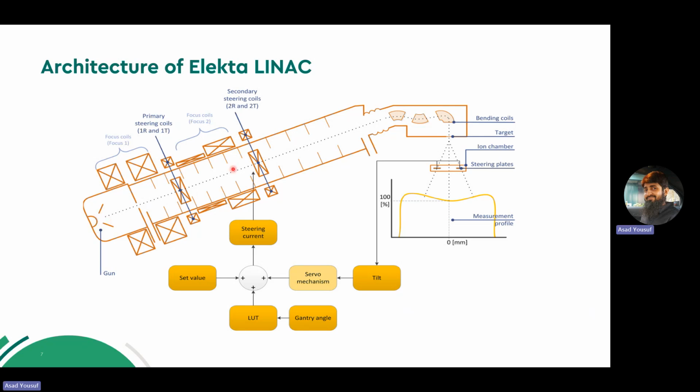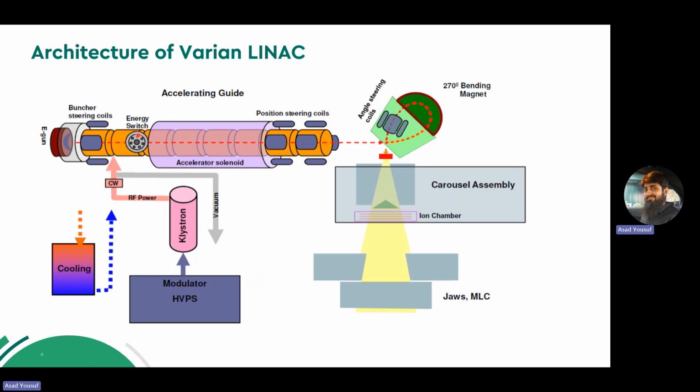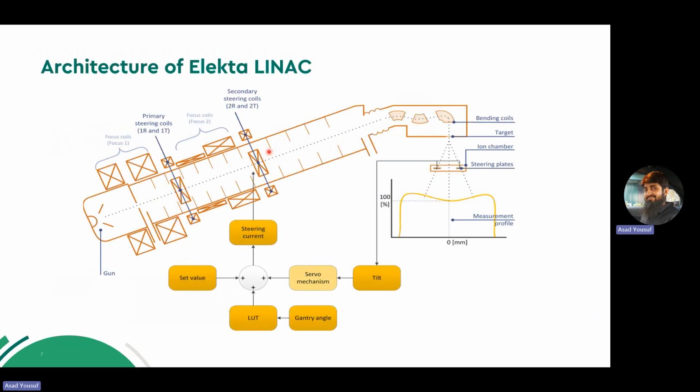For the high energy, it increases the beam current. On the other hand, the Varian model has an energy switch and increases the microwave generation so that high energy can be used, whereas the magnetron has a constant microwave generation, with no increase in that. Only the beam current will change the beam energy.